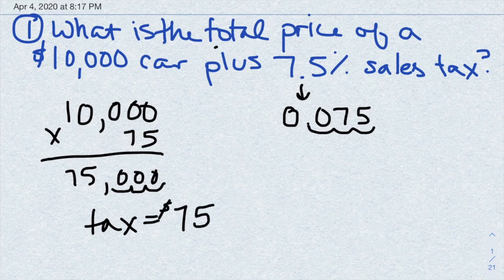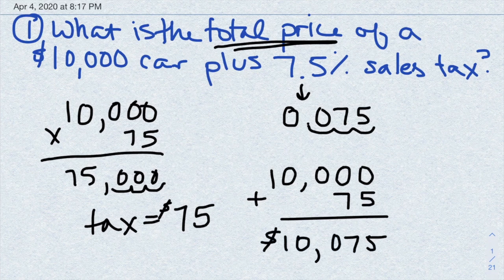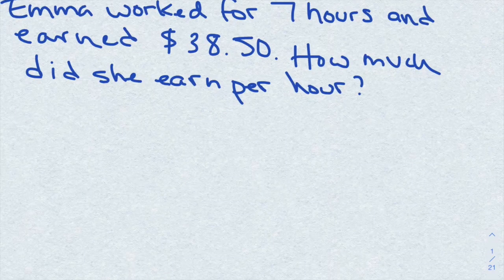However, it asks for the total price of my $10,000 car plus sales tax. So I take my $10,000 plus my tax, and that gives me my total price of $10,075.